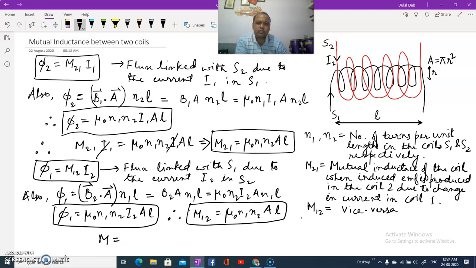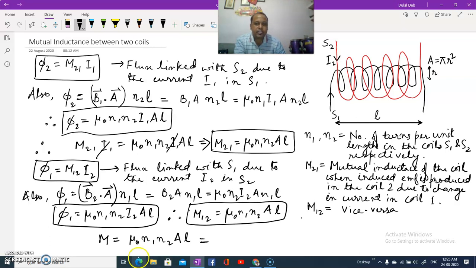This is known as the reciprocity theorem. That is, it doesn't matter in which coil we are considering the current. Okay, so reciprocity theorem, and the value of mutual inductance is given by mu naught N1 N2 A L.